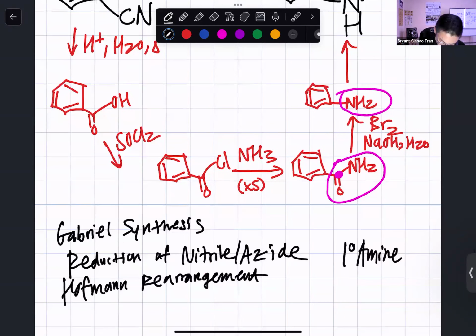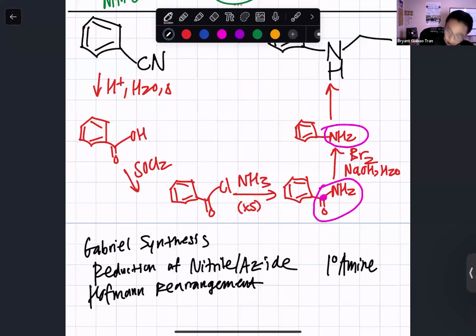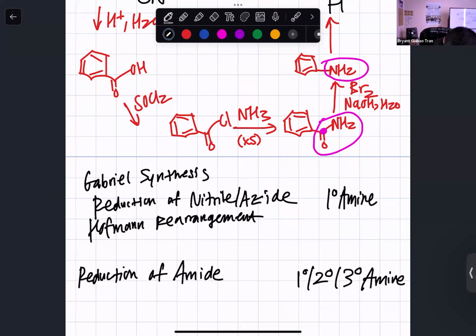What other reactions did you learn to prepare amines? There's reduction of nitrile, reduction of azide, Hofmann rearrangement. All of these form a primary amine. But the reactions that could form a primary, secondary, or tertiary amine are going to be reduction of amide or reductive amination.